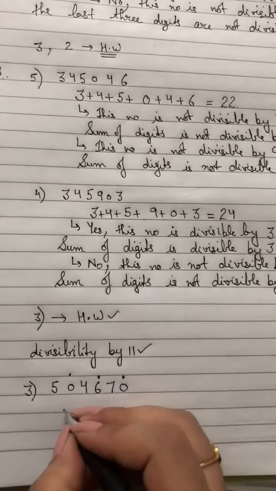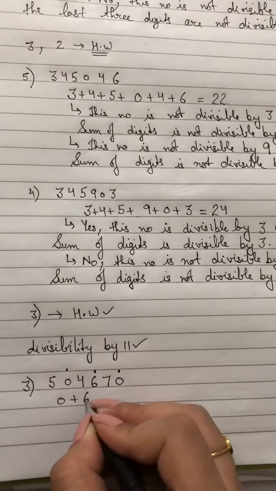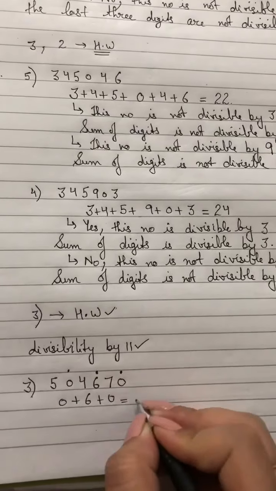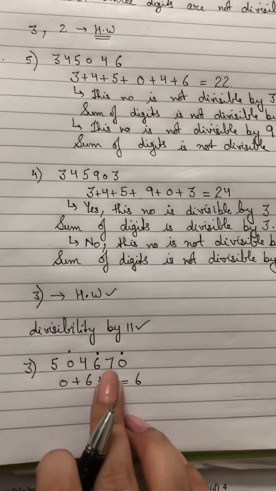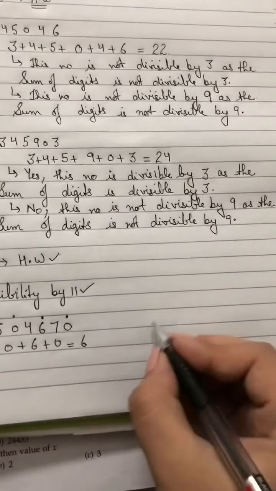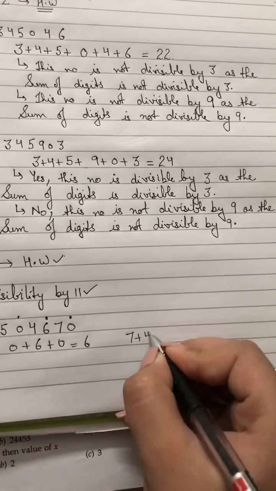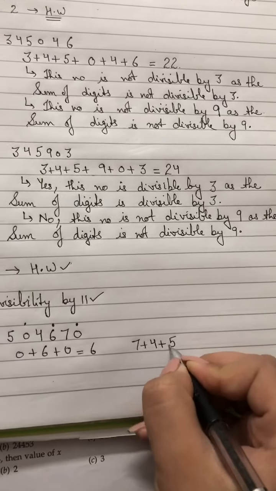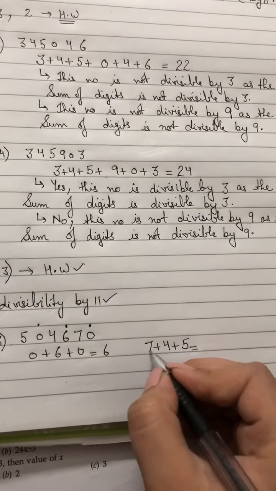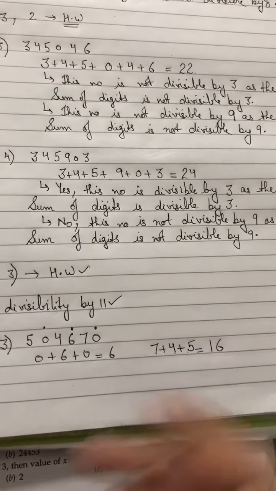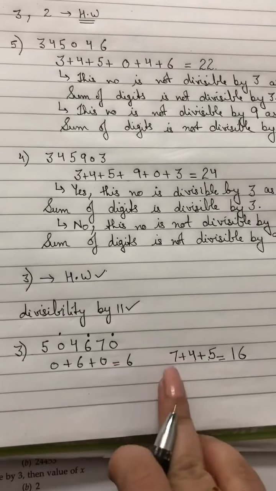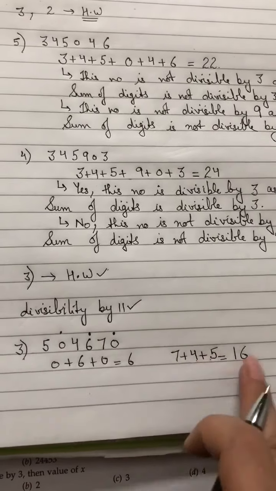So take this 0 plus 6 plus 0. You will get 6 only. Now the remaining digits at the even places, 7, 4 and 5. So 7 plus 4 plus 5. 7 plus 4 is 11 plus 5, 16.